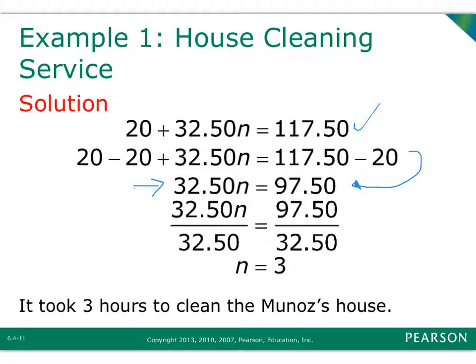Now we're going to divide both sides of the equation by 32.50. Why? Because we're going to try to isolate n. When we do the operation, 32.50 into 97.50, we get 3. So it took 3 hours to clean the house.